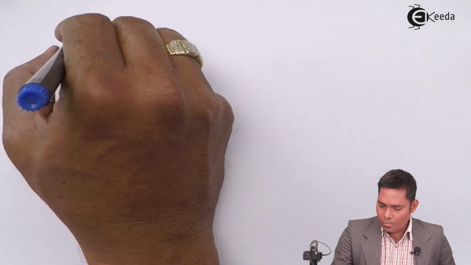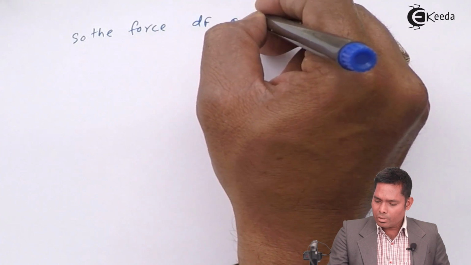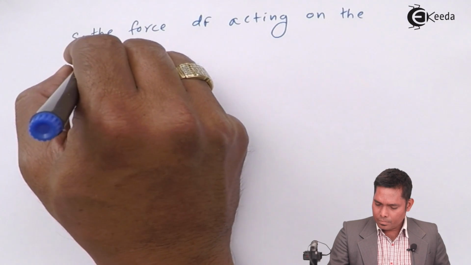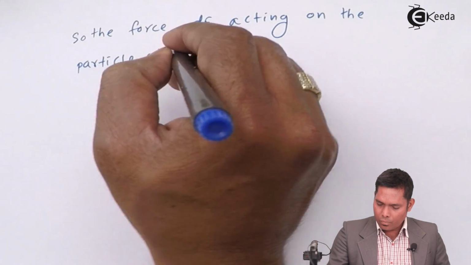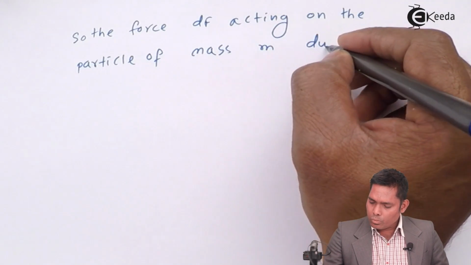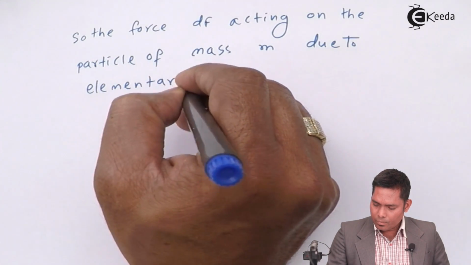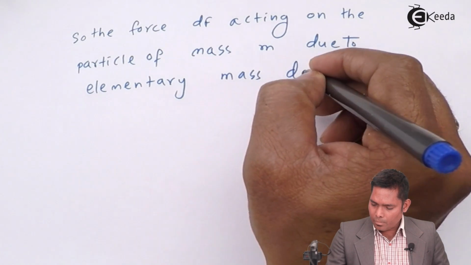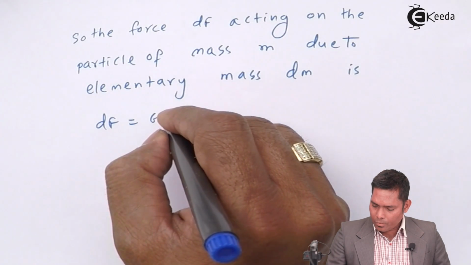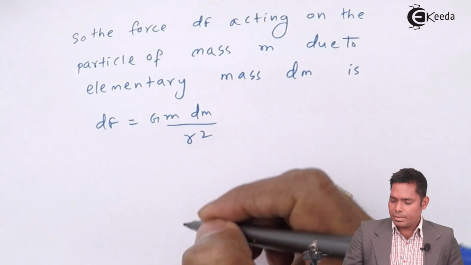So the force dF acting on the particle of mass m due to elementary mass dm is given by dF equals G m dm over r square, because that mass is at a distance r.